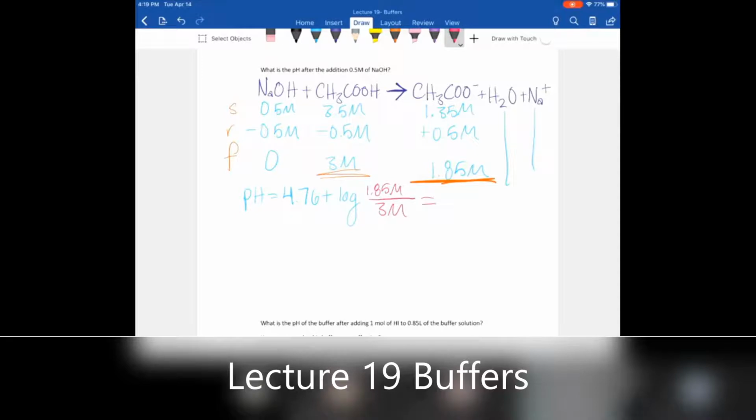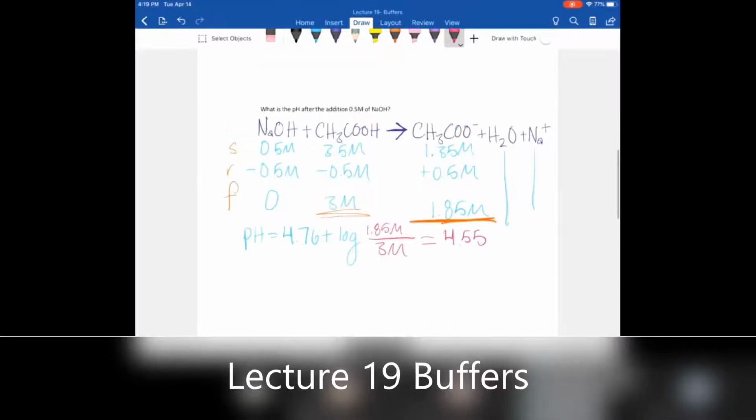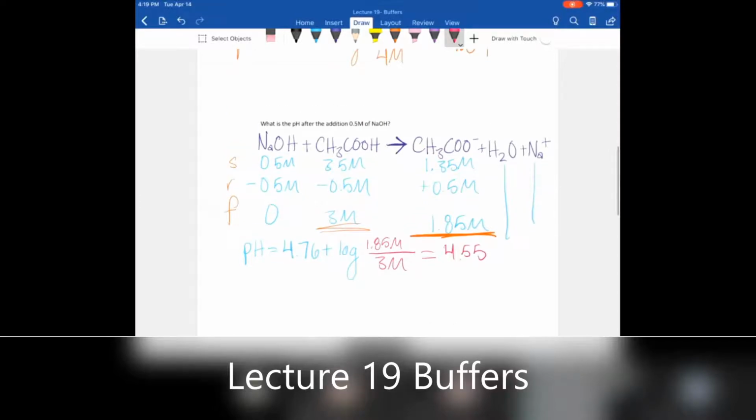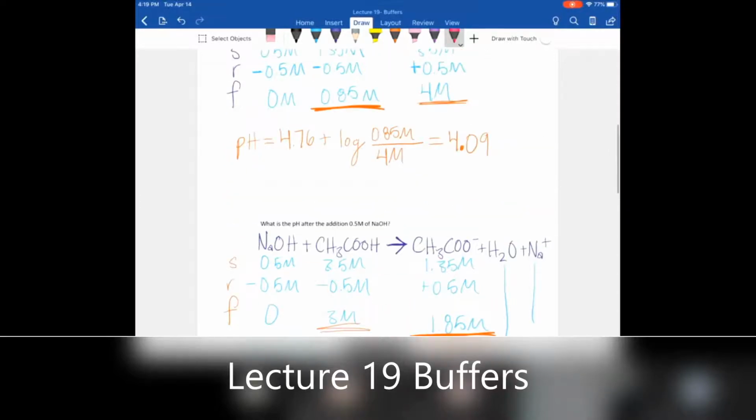And that will equal 4.55, which makes sense again because it is greater in pH than the pH of your buffer, which was 4.35. So that makes sense.